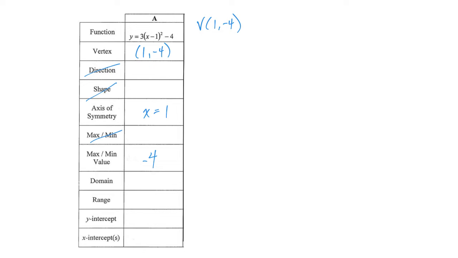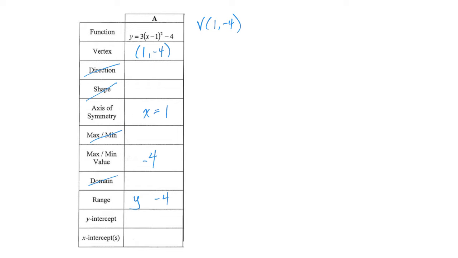My vertex doesn't really tell me anything about my domain. It does tell me something about my range. Since my vertex is either going to act as a maximum or a minimum for my parabola, I know that my y values have to always be to one side of -4.